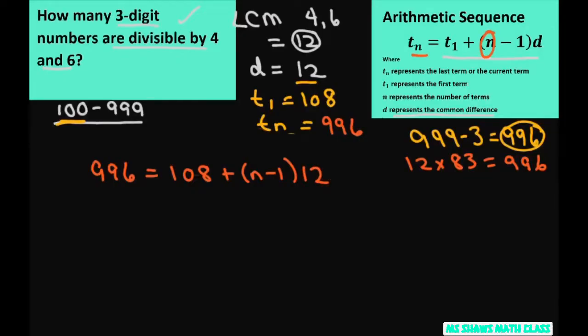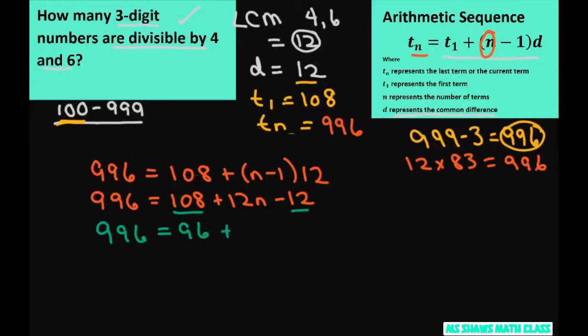Simplifying that, we get 996 equals 108 plus 12n minus 12. Let's see, 996 equals 108 minus 12, which is 96, plus 12n.